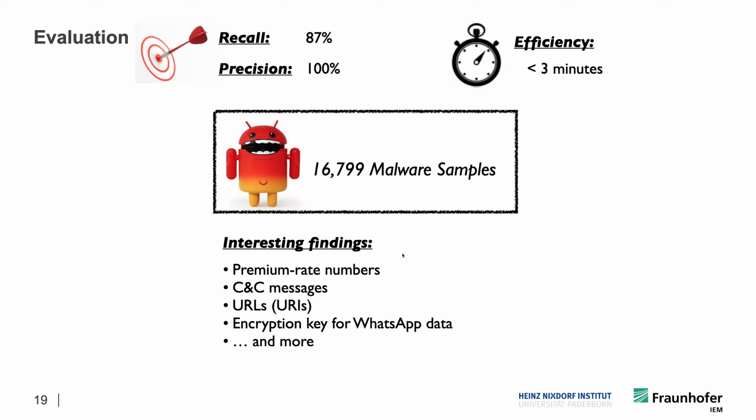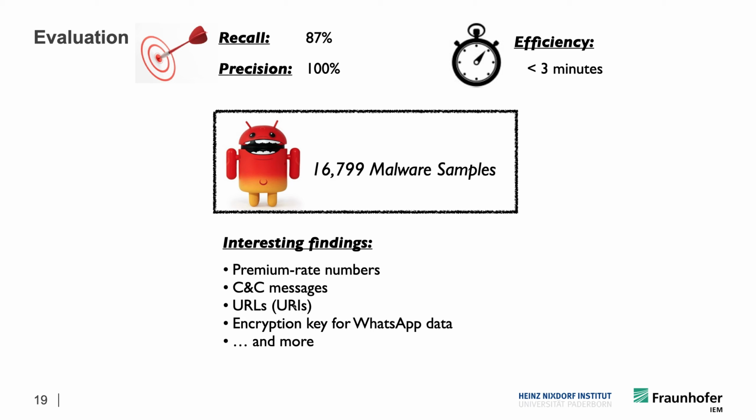So already in this experiment here, we found some premium rate SMS numbers, some command and control messages. So there are some malware apps that's even very popular these days that communicate with command and control servers. So the malware can be activated and deactivated depending on certain commands that are sent from these servers.